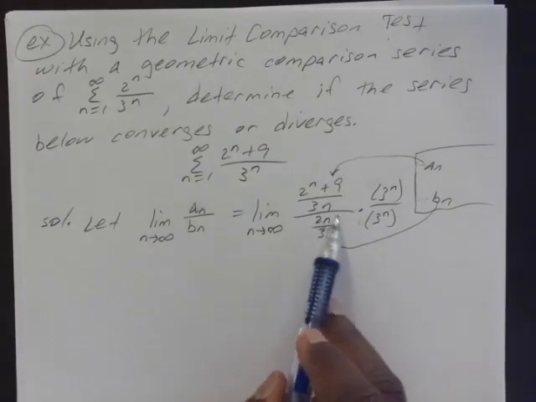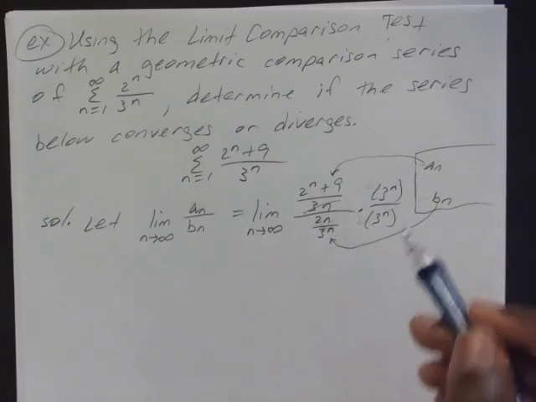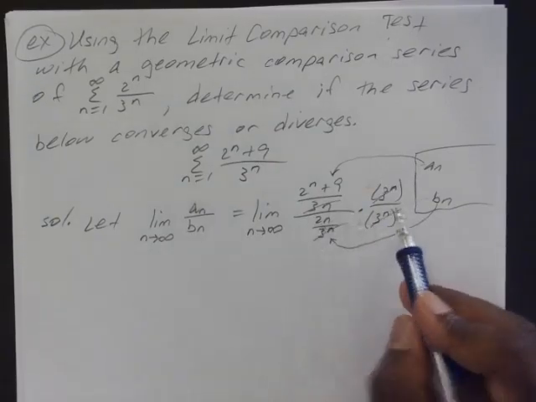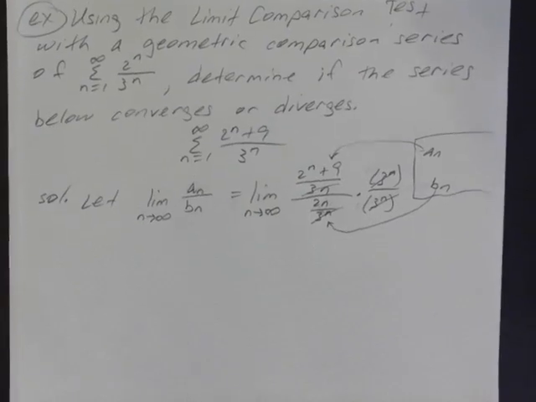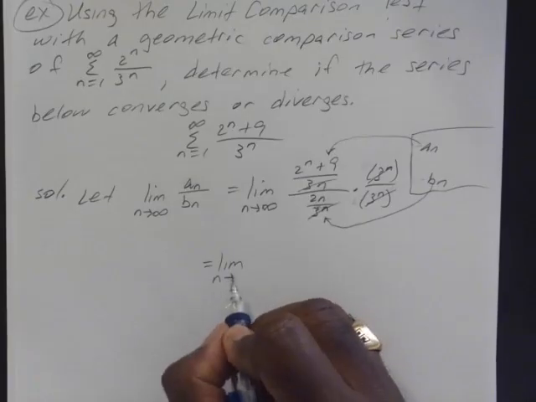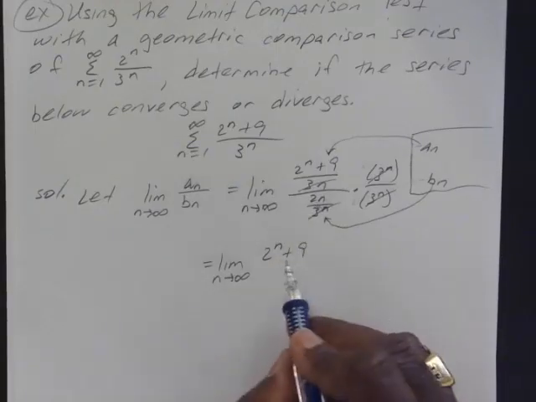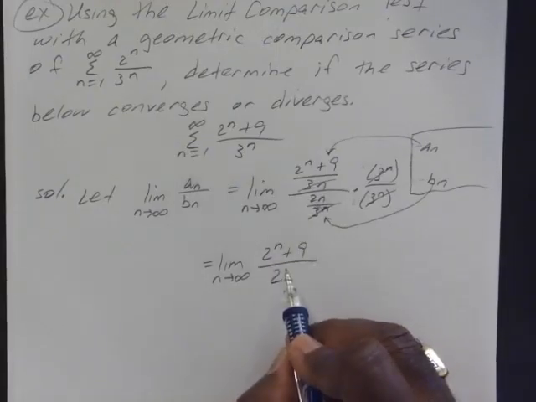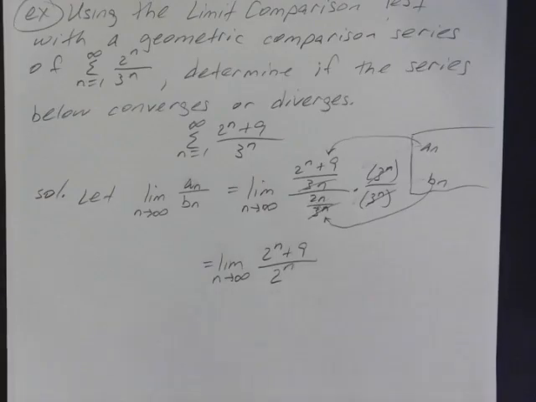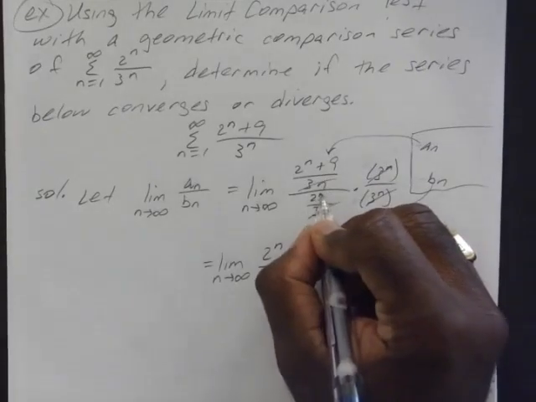And this one, it'll only give a single factor in our denominator, which is good enough. So this 3 to the power of n cancels out with this one, and this one cancels out with this one. So we end up with the limit as n approaches infinity of 2 to the power of n plus 9 divided by 2 to the power of n. So I wrote that as 2 times n. Clean that up a little bit. There we go.